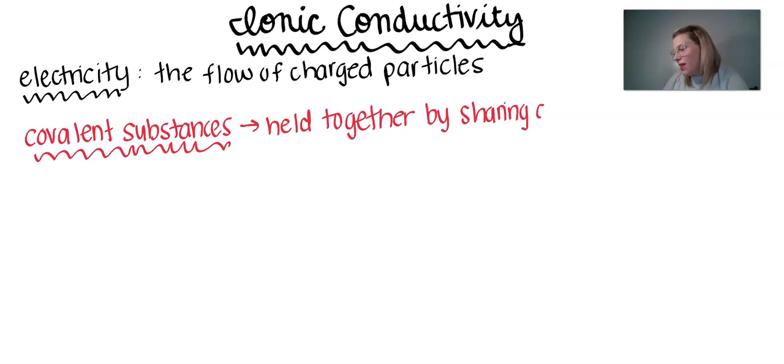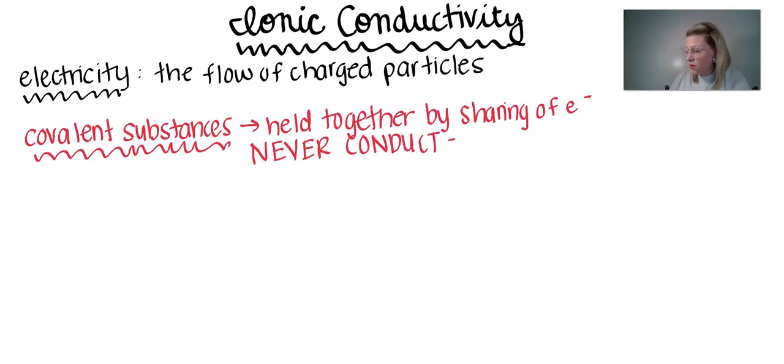Because of that, we don't create any ions, and there are no free moving or delocalized electrons. And so covalent substances will never conduct. No ions or electrons that are free moving.